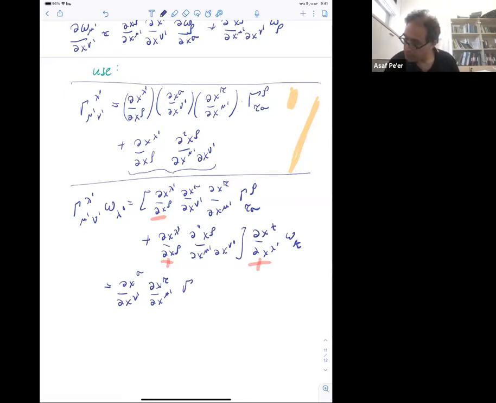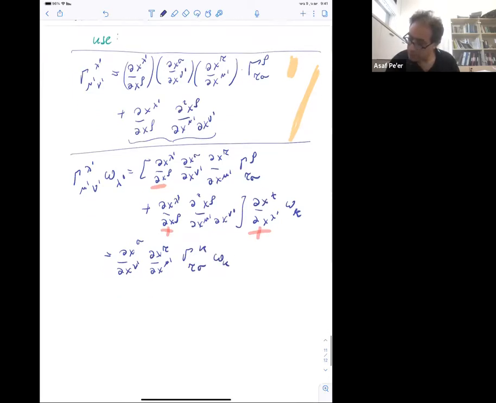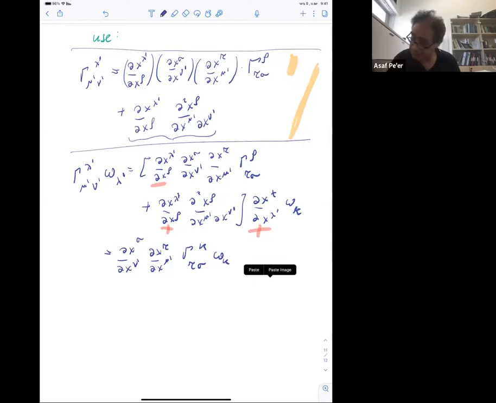It's a delta kappa rho, so I can put it as gamma kappa tau sigma omega kappa. And then for the second part, we have plus what's written here, d squared x rho over dx mu prime dx nu prime. We have a delta, again, kappa rho, so I can switch rho to kappa. Omega kappa.